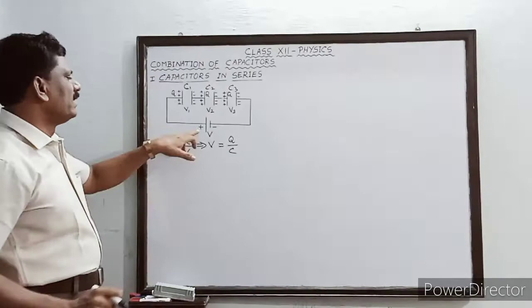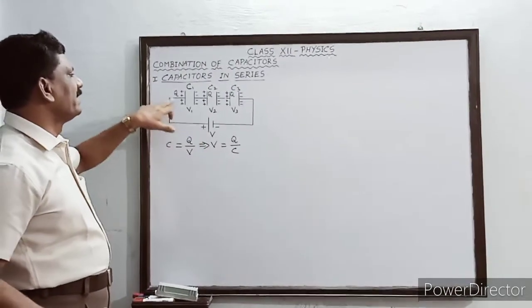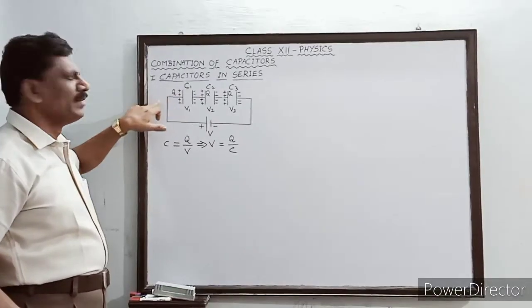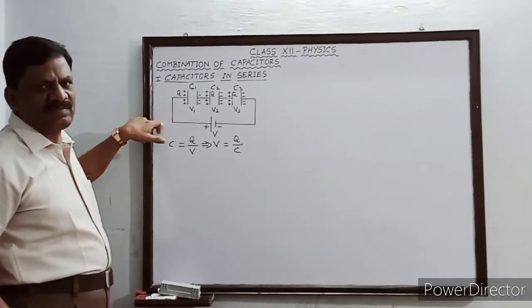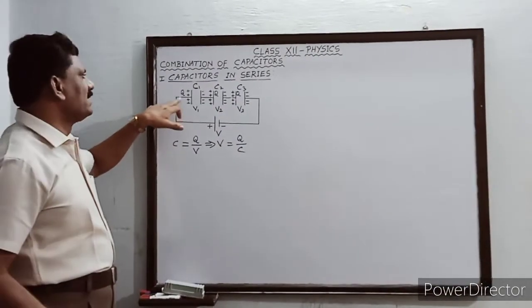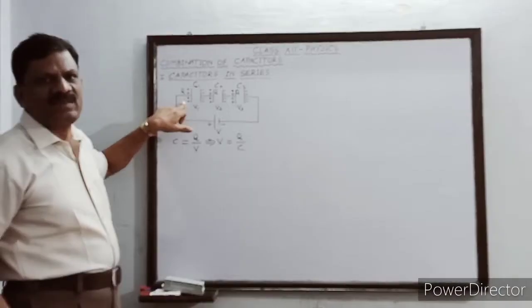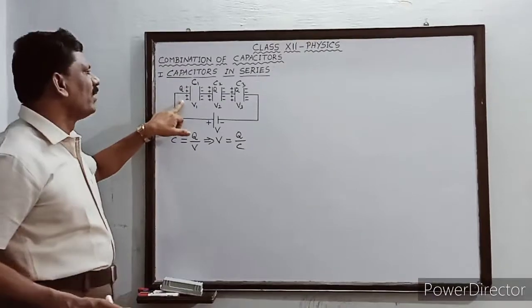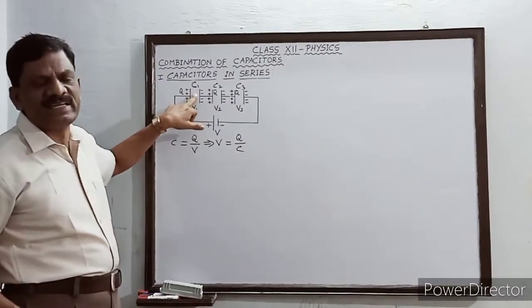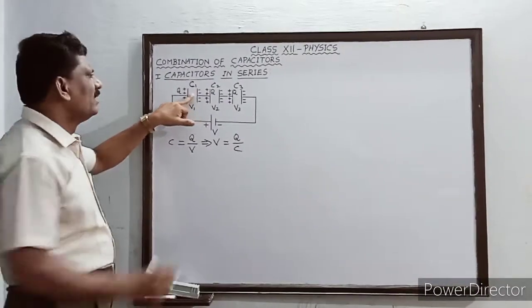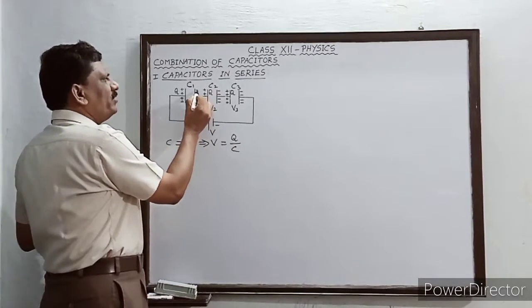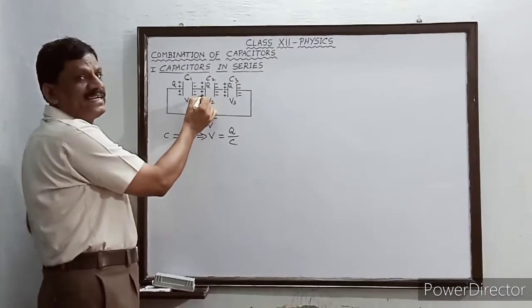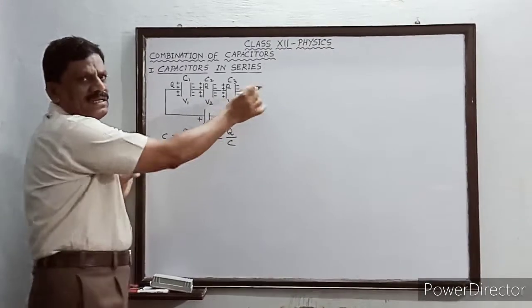So, as soon as the positive potential is connected to the left side plate of C1, it will remove some negative charges, that is electrons, from the left side plate. As a result, Q coulomb of positive charges will be stored on the left side plate. This will induce an equal amount of negative charges on the right side plate of C1. Similarly, these negative charges on the right side plate of C1 will induce positive charges on the left side plate of C2 and so on.